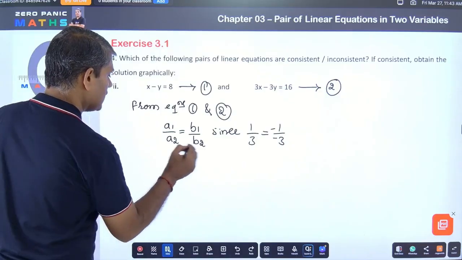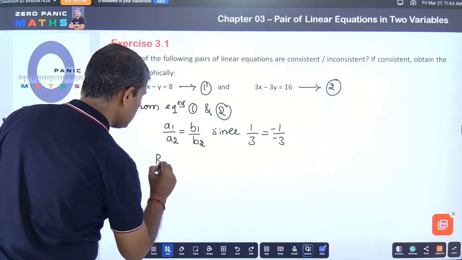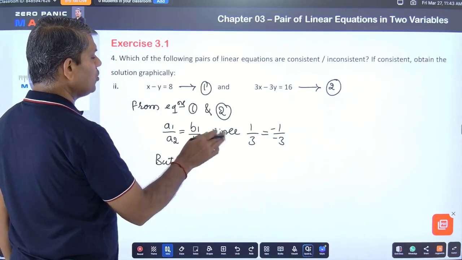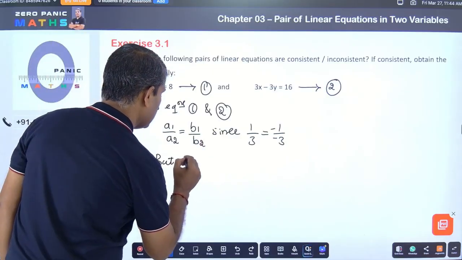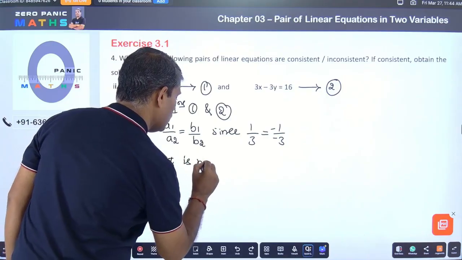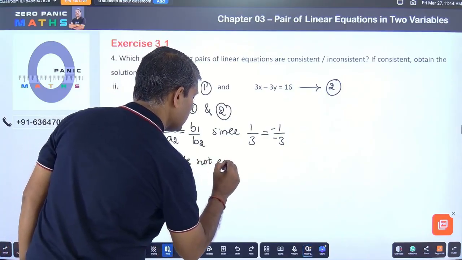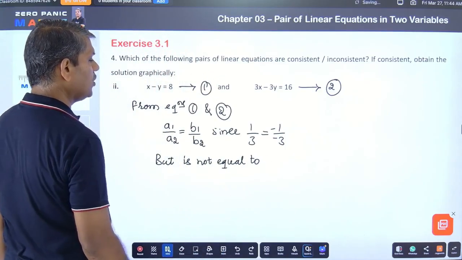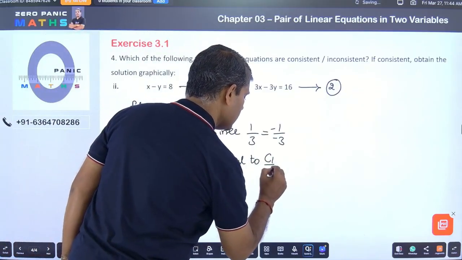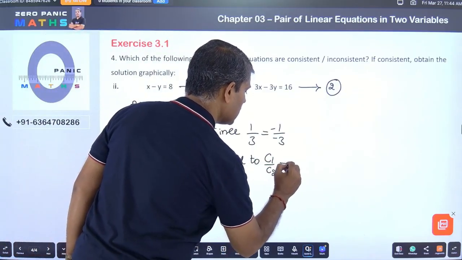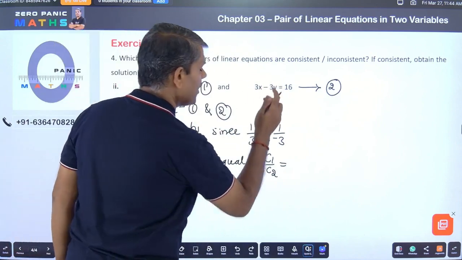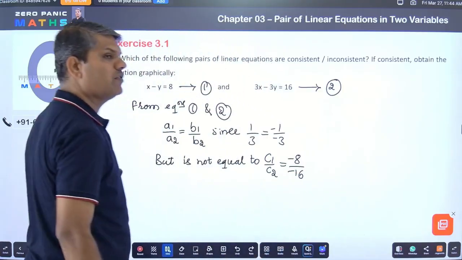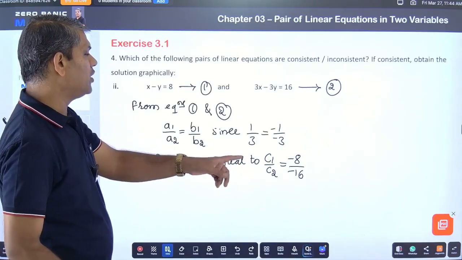But c1 by c2 is not equal to this. c1 by c2 is equal to minus 8 by minus 16, which is actually equal to 1 by 2.